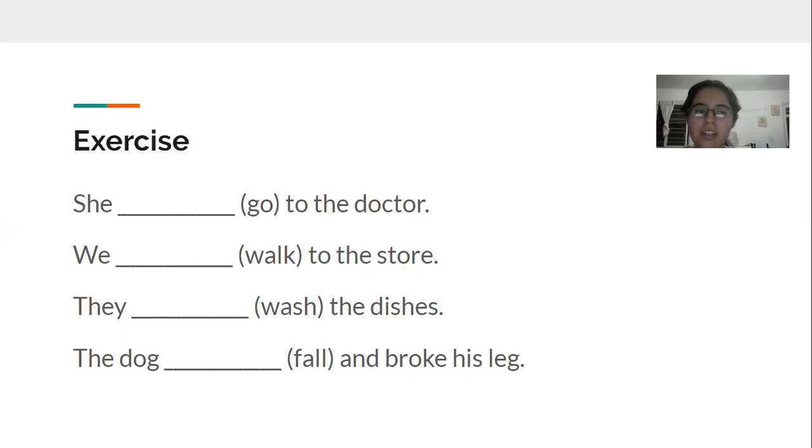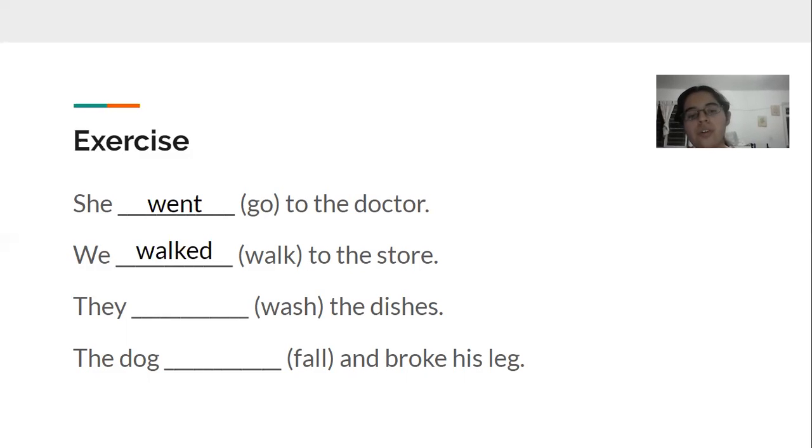Okay, so let's check the answers one by one. So the first one says, she to the doctor. Go, what would go be in the past? Well, it's went. So she went to the doctor. The second one says, we to the store. Walk would be walked.